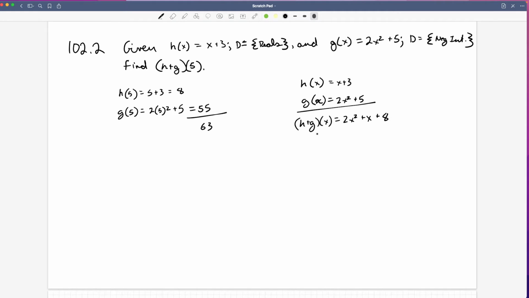So if I do this with a 5, h plus g of 5 is the same thing. I have 5 times 5 is 25 times 2, that's 50, plus 5 plus 8, which equals 63.